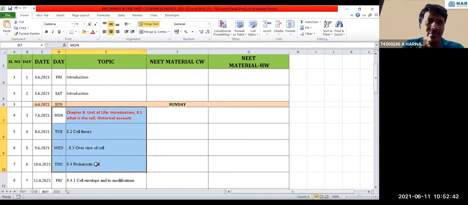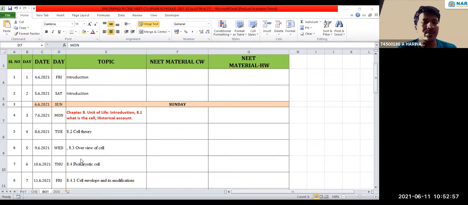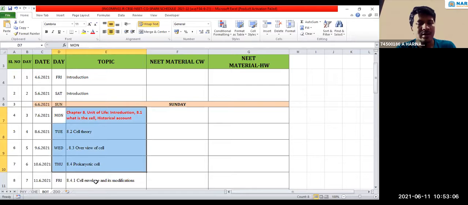So what is the function of fimbriae? It helps the bacteria attach to rocks and the host tissue. Okay, fine. So this is the prokaryotic cell. Only the prokaryotic cell is given. Next Friday, the cell envelope and its modifications.